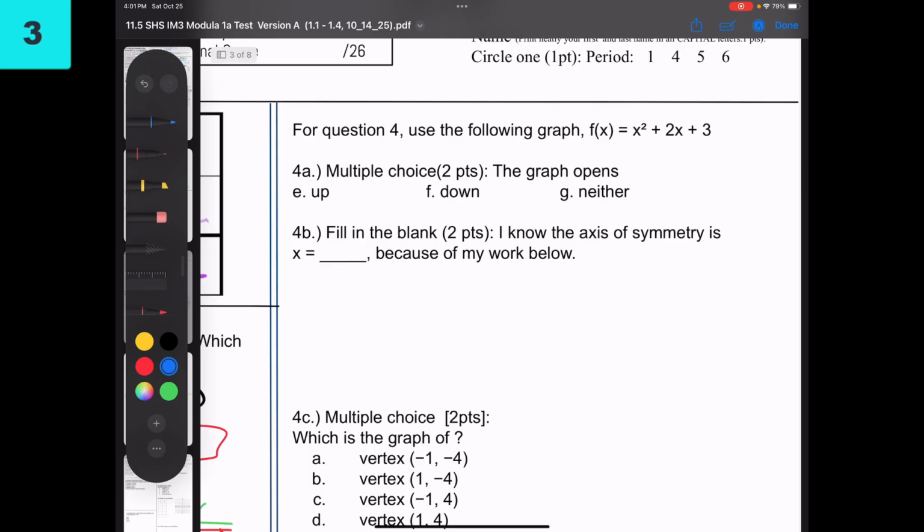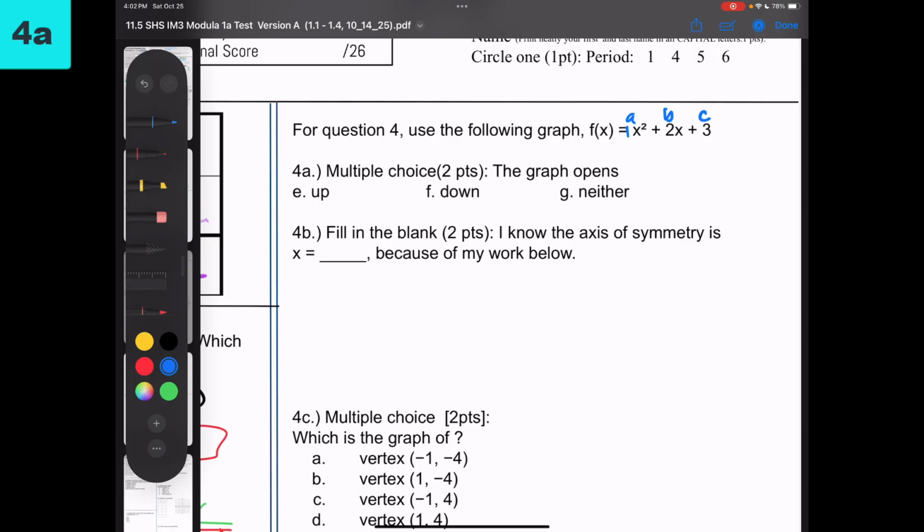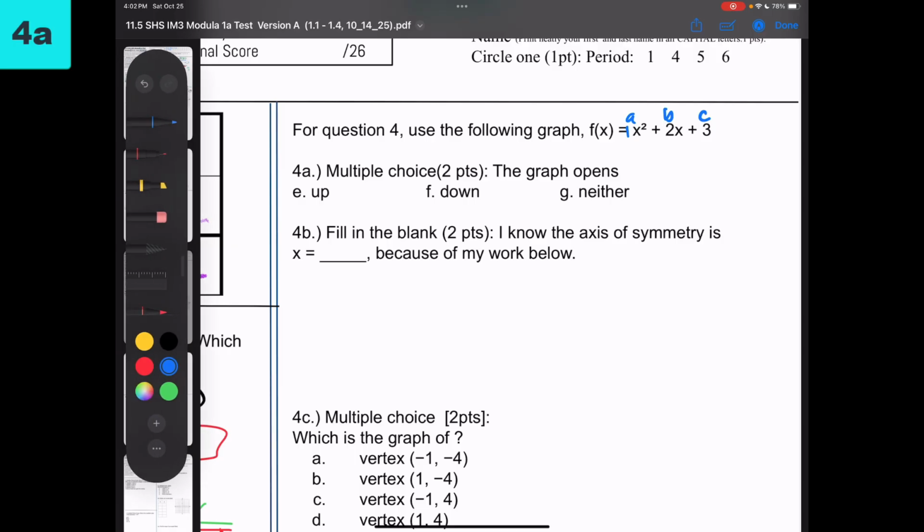Okay, so I have a quadratic. A is 1, B is 2, C is 3. Okay, so A is positive. So that means the graph is going to go up. Okay, the AOS, x equals negative b over 2a. 1 point for just writing the formula correctly.